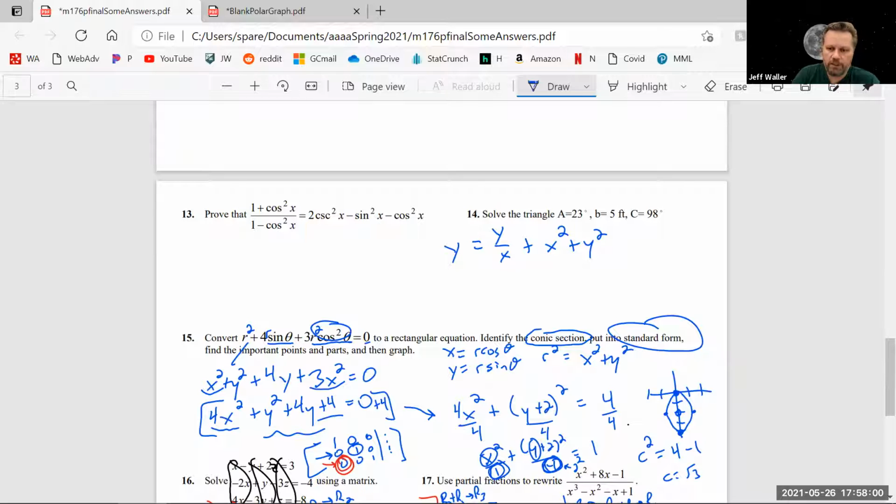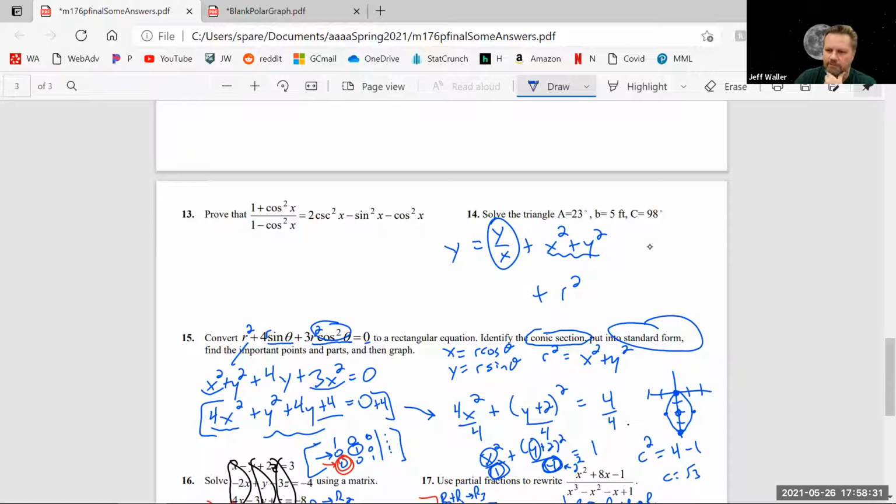Do I need to do anything before changing it into polar form? Should I multiply everybody by x? Can you identify anything there that's already ready to translate into polar? Yes, what's x squared plus y squared? R squared. What's y over x? Who remembers that? Sine over cosine.